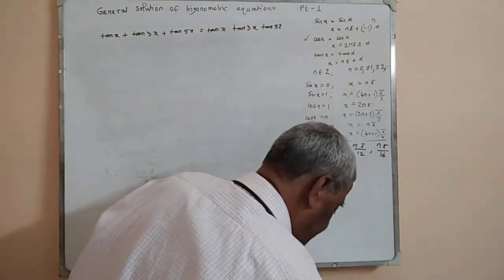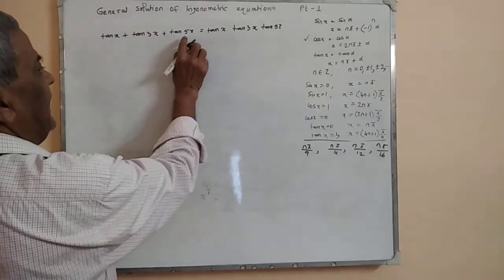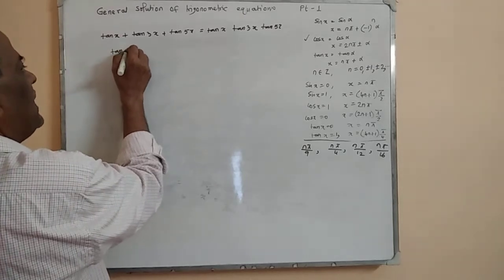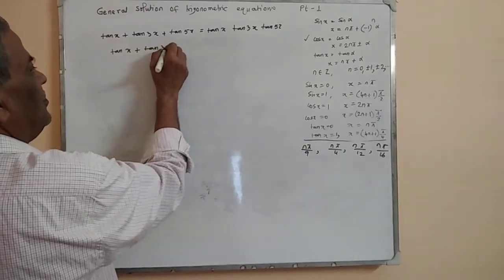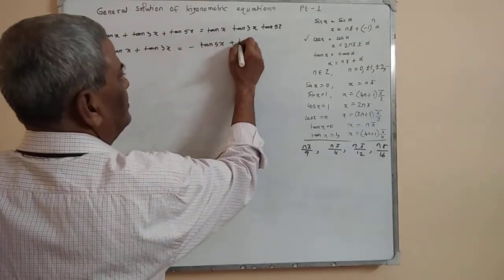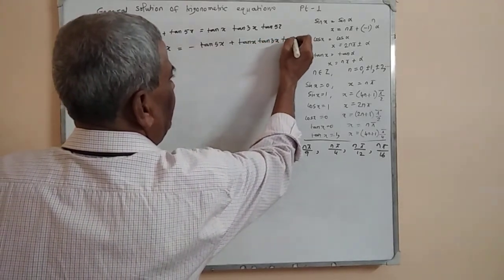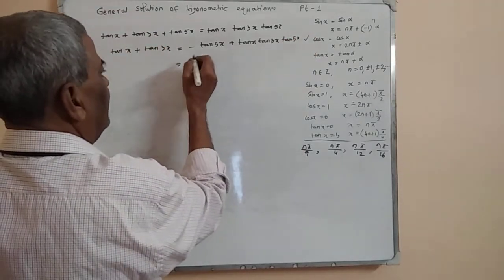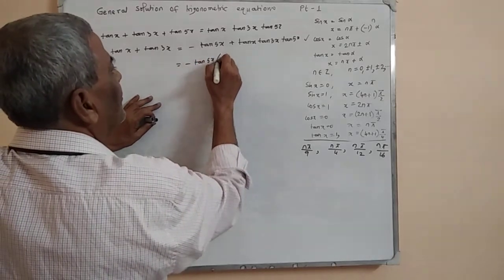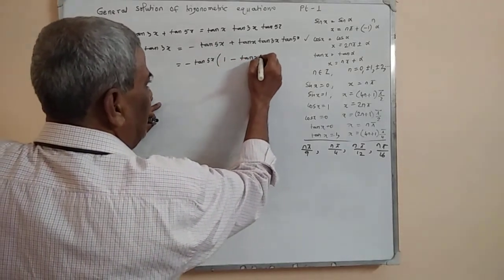Now, the equation becomes, take tan 5x to that side. So tan x plus tan 3x is equal to minus tan x, tan 3x, tan 5x. That is, tan x plus tan 3x is equal to minus tan 5x into, it is 1 minus tan x tan 3x.